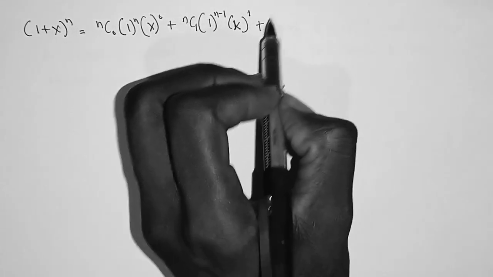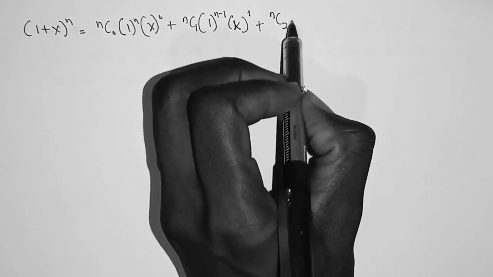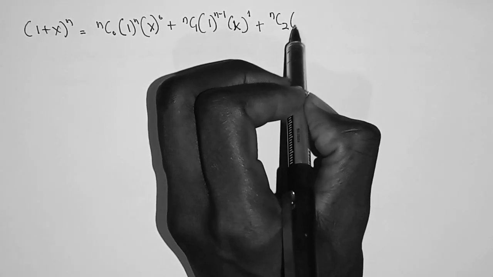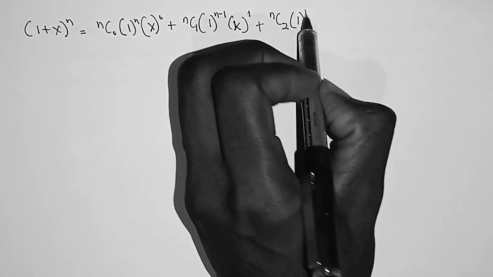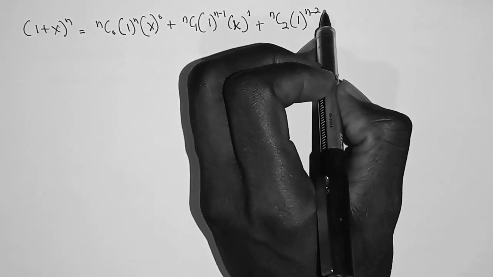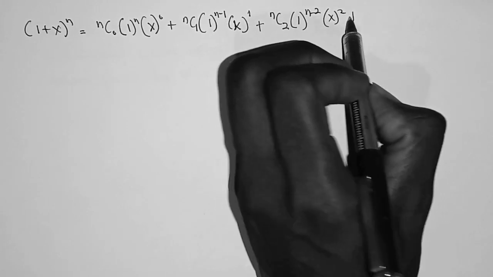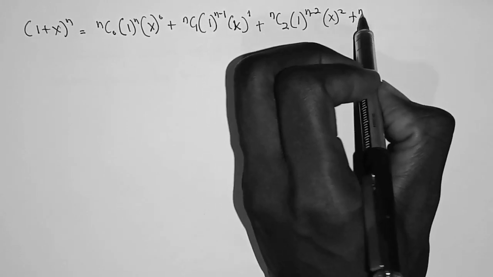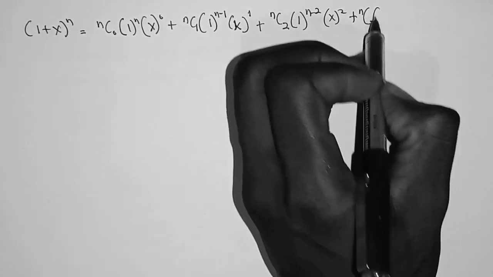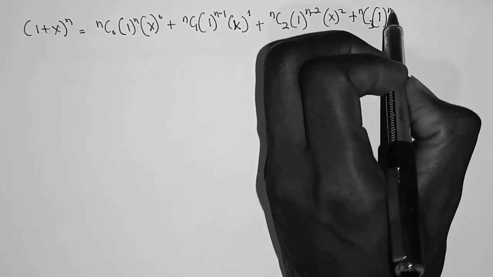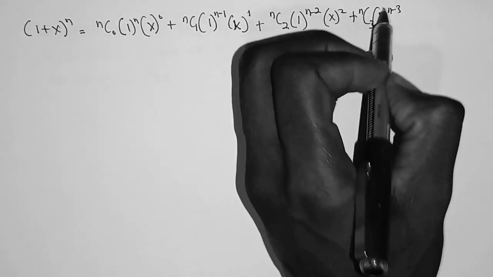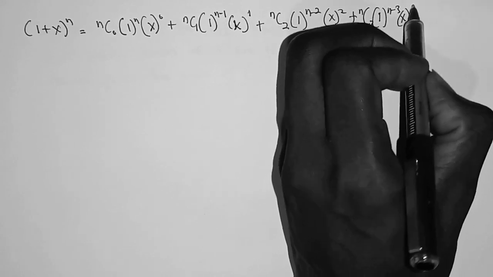Then the next term is nC2 times 1^(n-2) times x^2, then plus the next term is nC3 times 1^(n-3) times x^3.